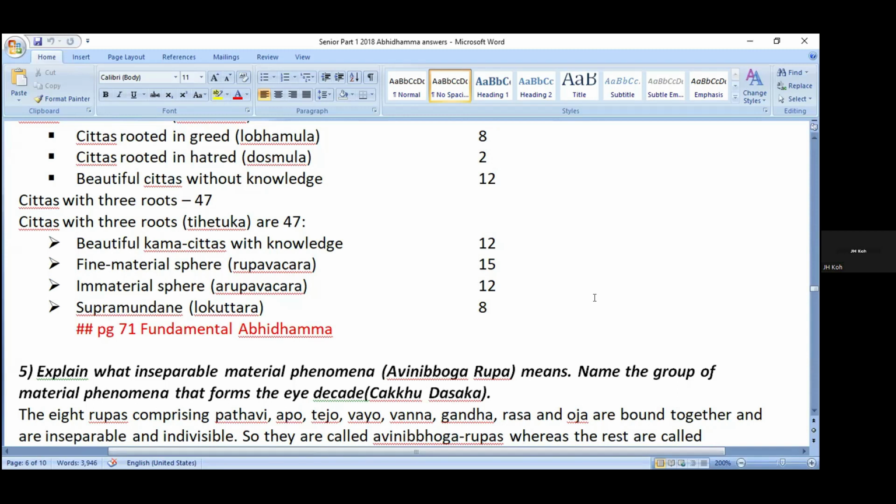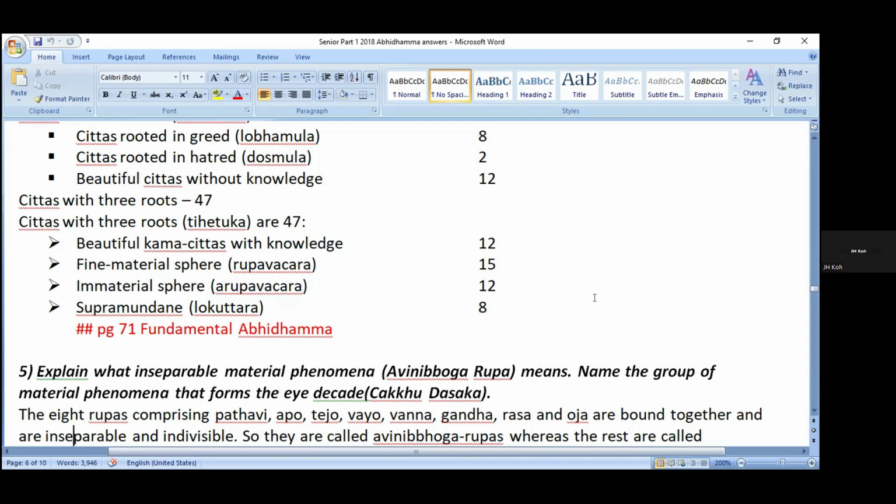Okay. The inseparable material are the four Mahabhuta, then the colour, then the smell, then the taste. So that is three.